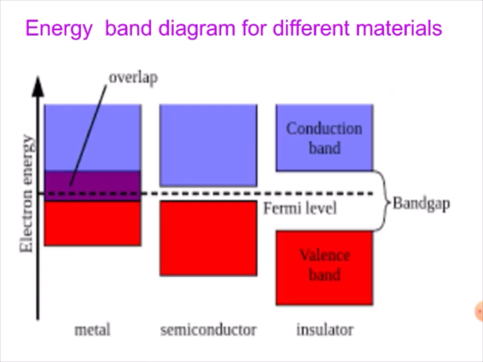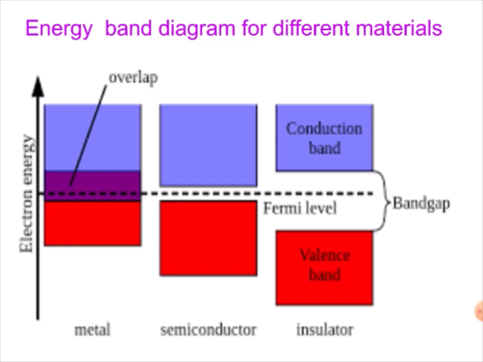Now, this is the energy band diagram for different materials. So we can see how materials can be classified into three: metals, semiconductors, insulators, in terms of energy band diagram or energy bands.